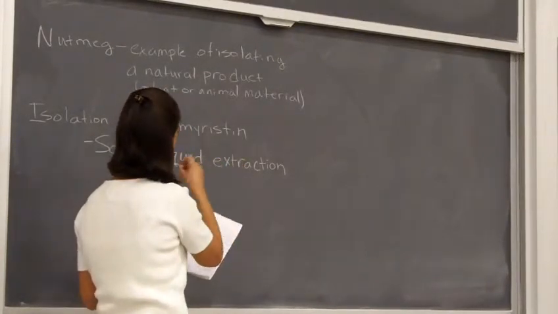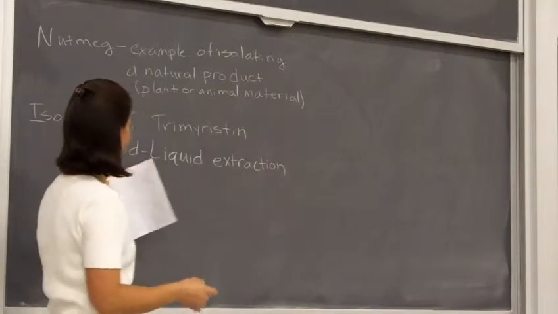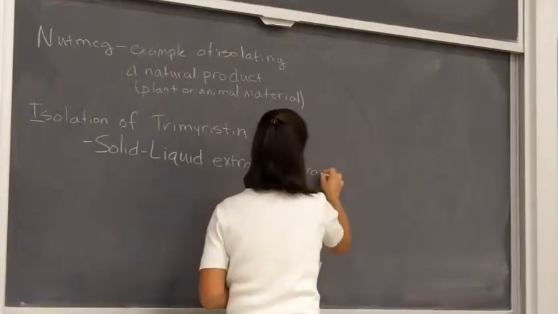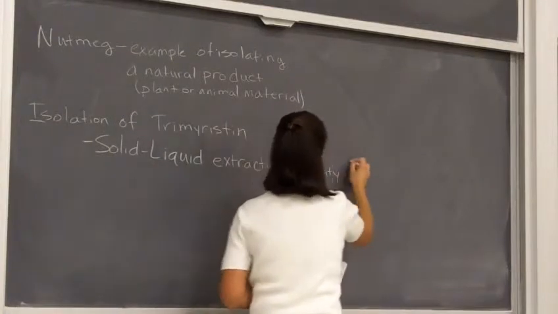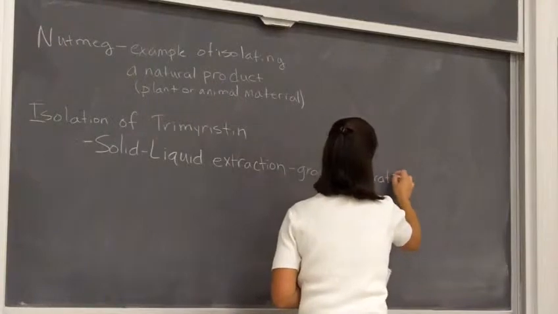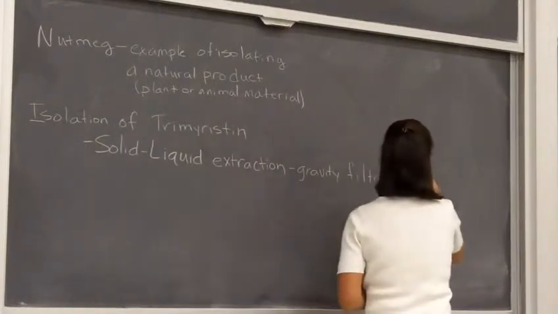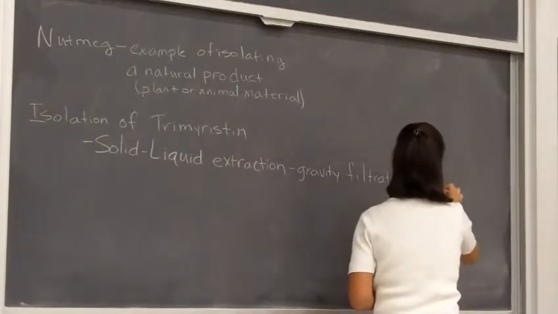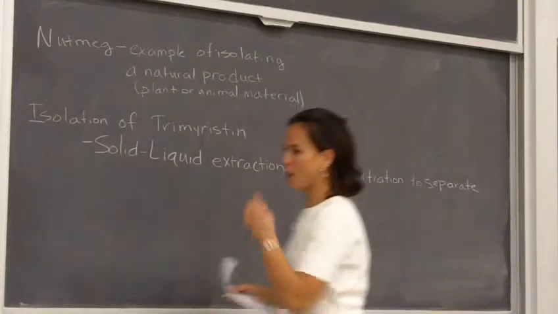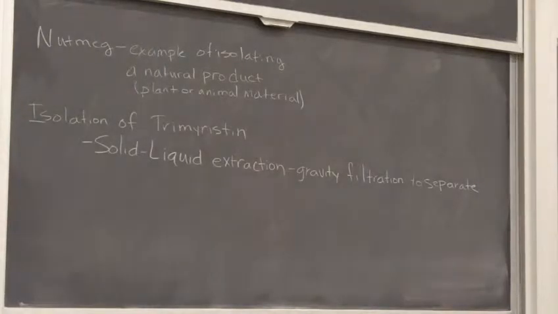What we're going to do to then separate our solid from our liquid is use gravity filtration. Instead of separating in the sep funnel like we did the first week, we need gravity filtration to separate our liquid from solid. Some of you may have used gravity filtration in the first experiment if you had to do a hot filtration.